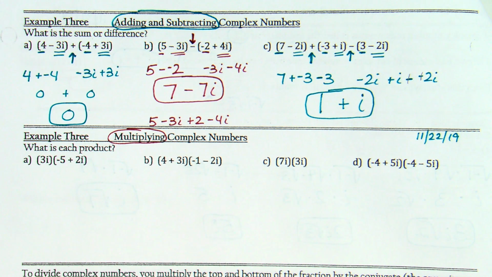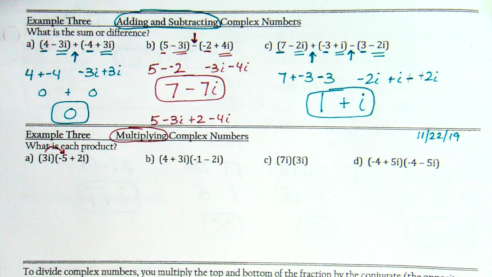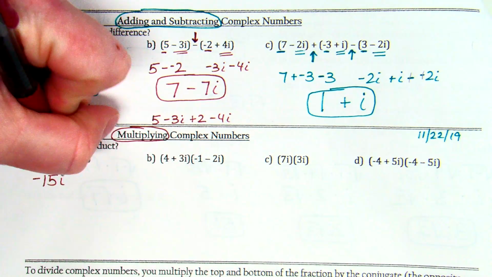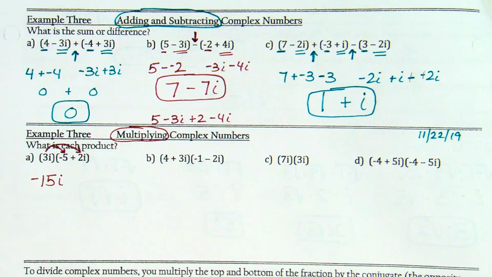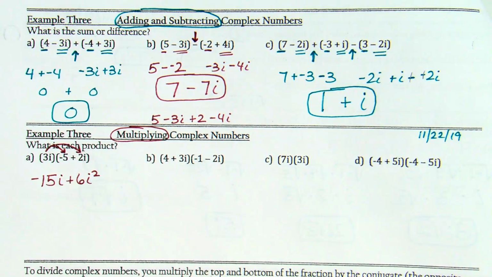So 3i times negative 5 is negative 15i. 3i times 2i is 6i squared, because i times i is i squared.